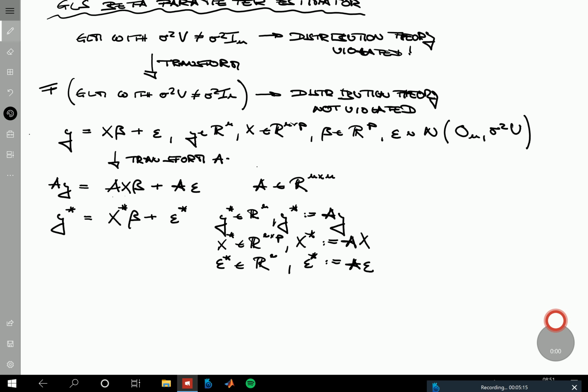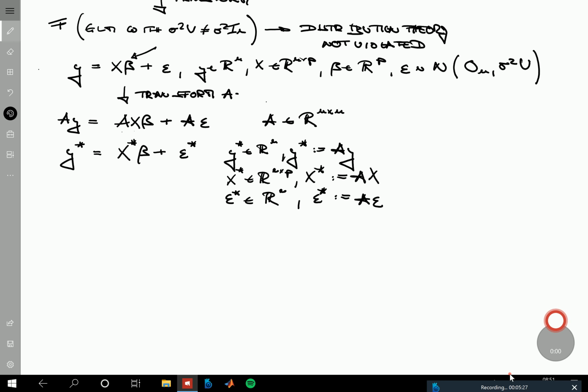So if you assume that this is here the true but unknown beta parameter, we multiply everything by a matrix A, we still have the true but unknown beta parameter in there. And we can, of course, in this new GLM here, evaluate the ordinary least squares estimator for beta, which would be beta hat equals (X star transpose X star) inverse X star transpose y star, which is, of course, just given in terms of our multiples here as this.